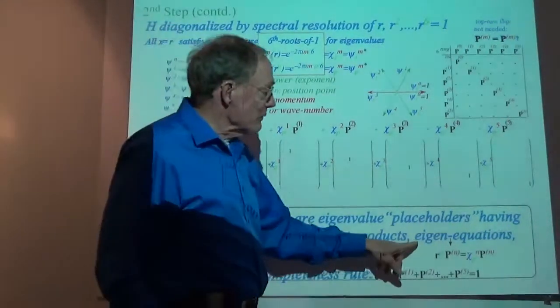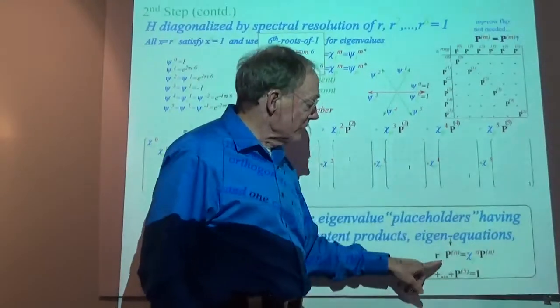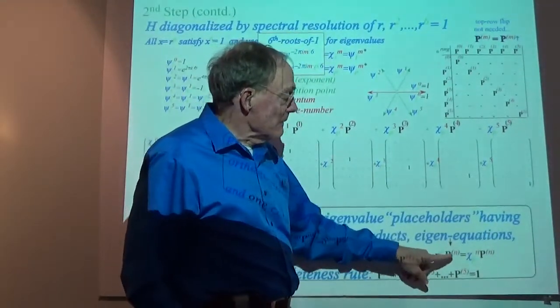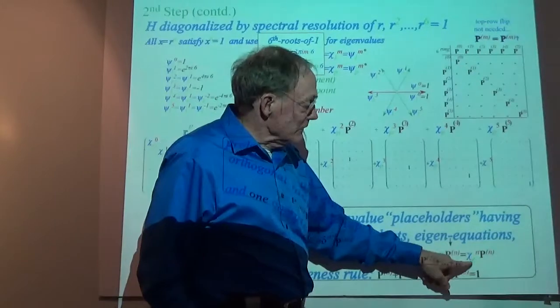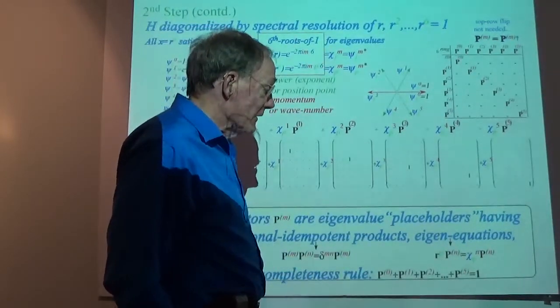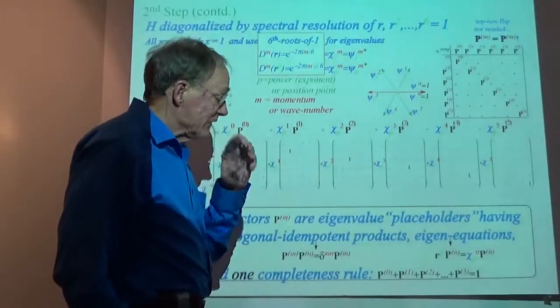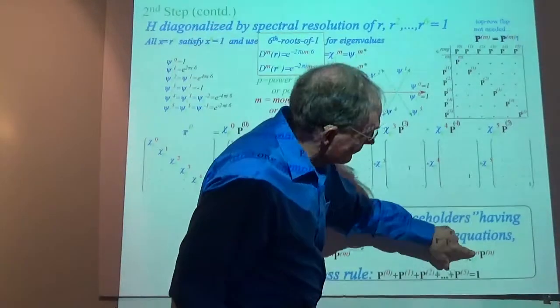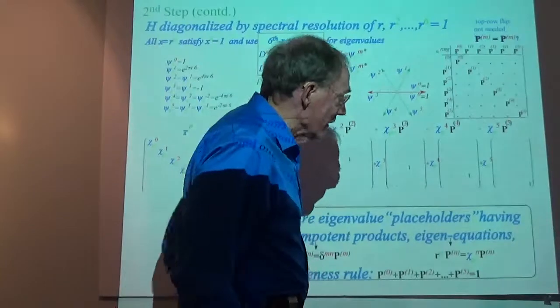And of course, most important are the eigenequations. That is, that the group operator times a projector should be giving you a character, eigenvalue, that goes with that particular projector. The end is sort of pushed over a bit there.